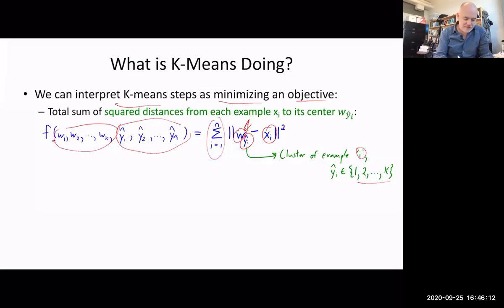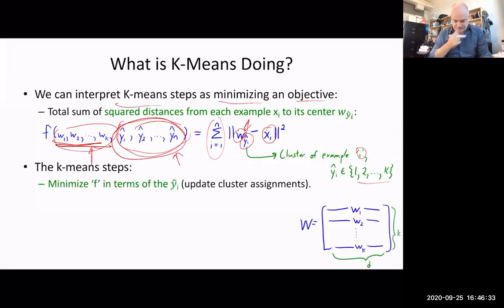It's smooth and differentiable with respect to these. It is non-differentiable with respect to these. So this is the combinatorial optimization problem we're talking about. If we really wanted to optimize this, we would have to consider every possible assignment of labels, and then optimize the weights for that and then pick amongst those, right?